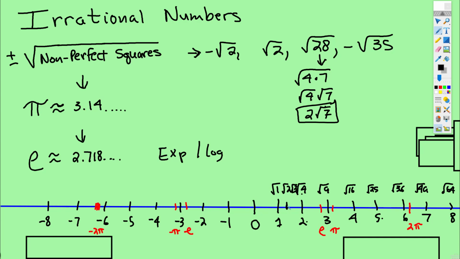So right about there is the square root of 2, and if you type that into a calculator, you're going to get approximately 1.4. So a number line is a good way if you ever want to know about, like, the square root of 35, it's really close to the square root of 36. So that might be like a 5.8 or a 5.9 approximation.